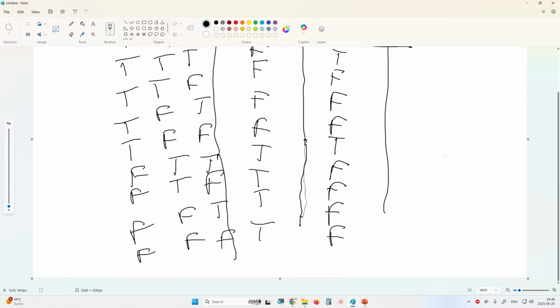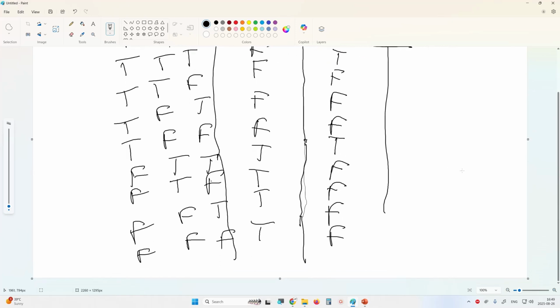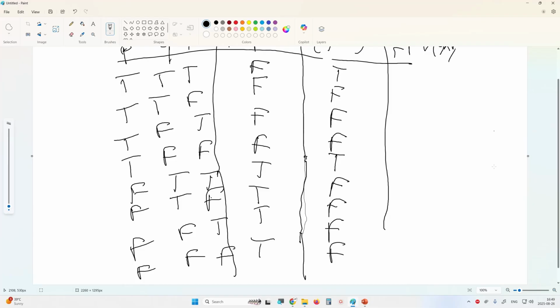I hope I did not mess up. 2, 4, 6, 8, 9. Something is missing though, because normally it should be 2 to the power of 3, right? If you have 3 variables, that means 2 times 2, that's 4. 4 times 2, that's 8. I should have 8. What am I having here? 2, 4, 6, 8, 9.